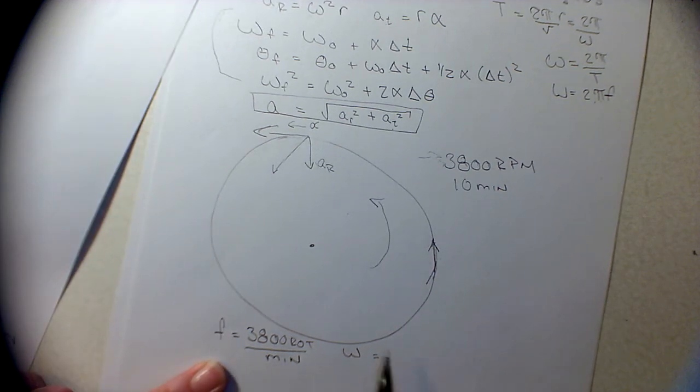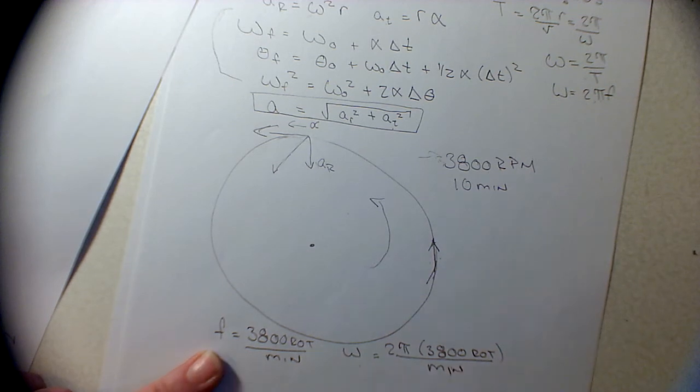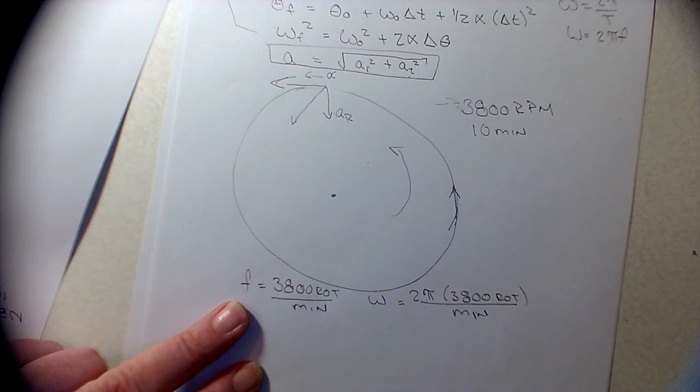So to turn my frequency into an omega, I'm just multiplying it by 2 pi. So omega is going to be 2 pi times the 3,800 rotations per minute. Now normally I force you to put that in terms of seconds, but I've been given a time that it takes to stop in terms of minutes, so I don't see any reason to do that conversion.